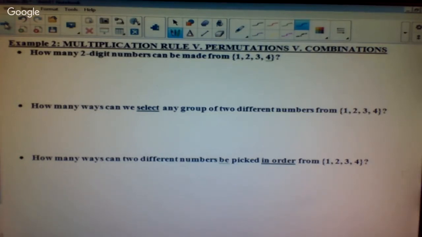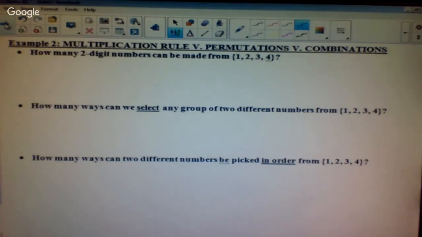So if I asked you, how many 2-digit numbers can be made from 1, 2, 3, and 4? Which one of these 3 would you pick? Is that your multiplication rule, permutation, or combination? Permutation, because it gives you 4 specific numbers.